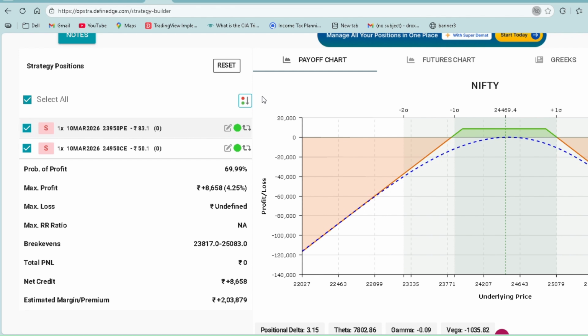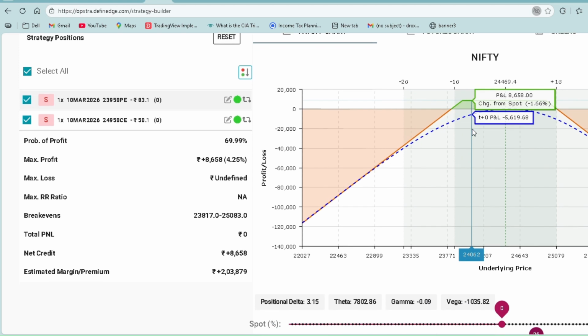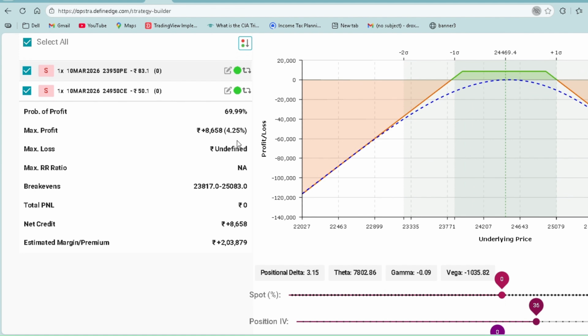The goal is that the market stays range bound, so the options lose value with time and the seller keeps the premium. This strategy is commonly used in index trading like Nifty 50. So let's see this strategy.